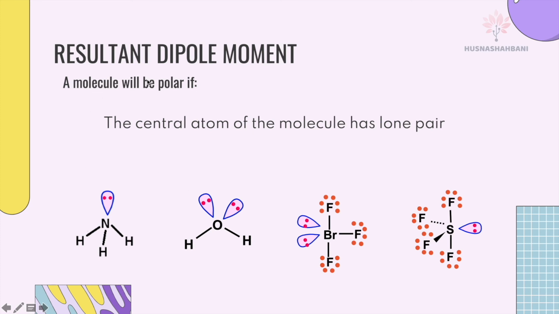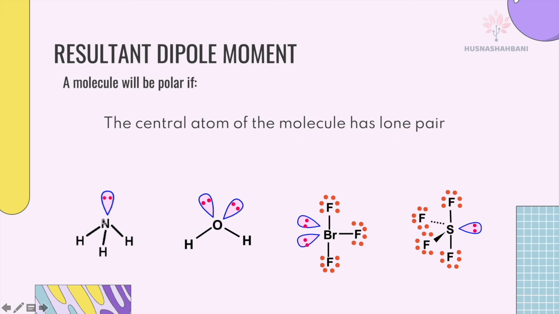A molecule will be polar if the central atom of the molecule has a lone pair, even though the surrounding atoms are the same. This nitrogen has the same surrounding atom, H. All surrounding atoms are the same, but the central atom has one lone pair.